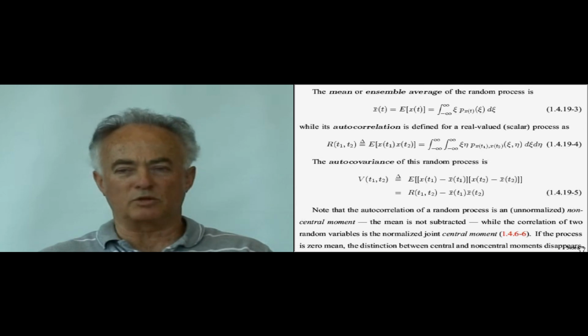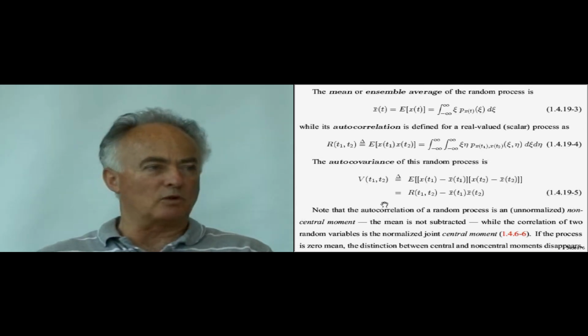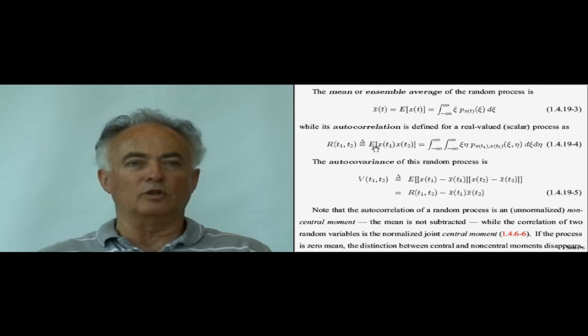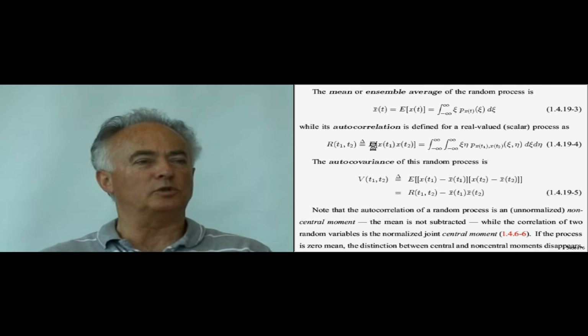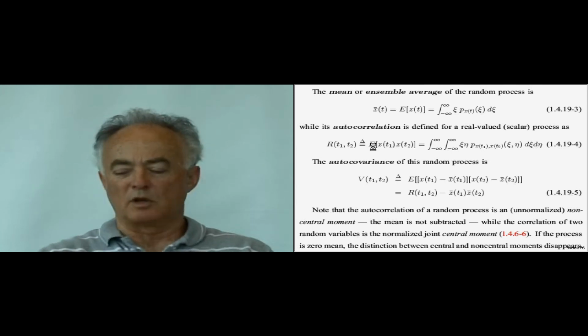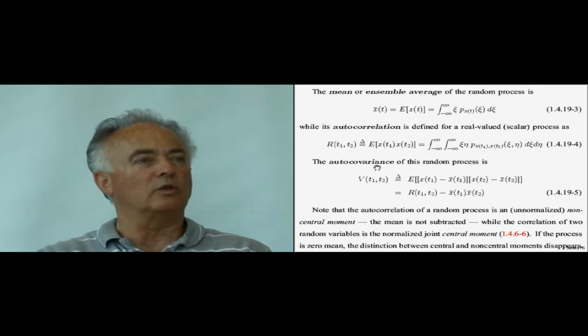Obviously, there's no mean to subtract when it's zero. But it's important to remember that the autocorrelation is a non-central, unnormalized second moment, as opposed to correlation, which is a central and normalized second moment for the random variable situation. So there's a slight ambiguity in terminology, but it is so accepted that we will follow it from now on.